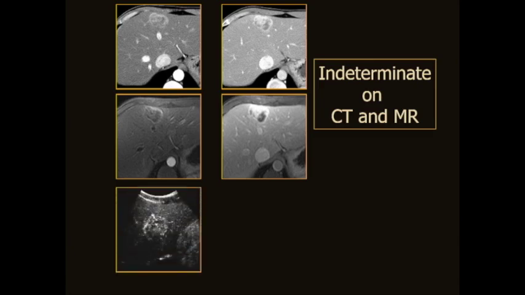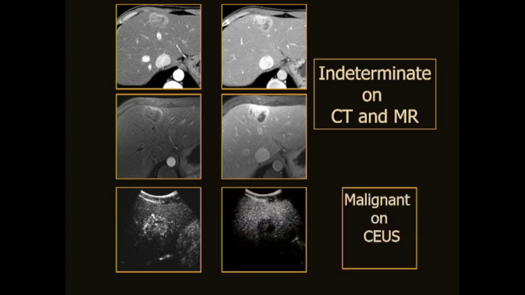When the patient comes for ultrasound, the arterial phase is identical with heterogeneous hyperenhancement, and in the portal venous phase, complete rapid washout. So malignant on CEUS, and biopsy in this 29-year-old male shows cholangiohepatoma.